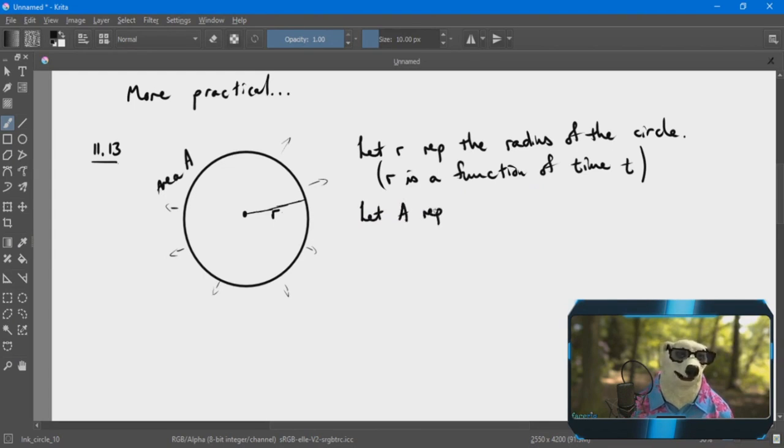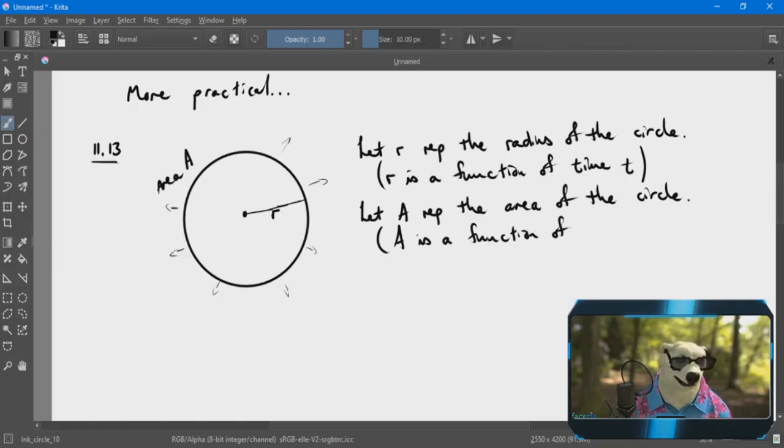Let A represent the area of the circle. Now, you don't have to say the bracket portion. I just want us to be aware, because this is our first example, that this A is a function of what? Technically of time.